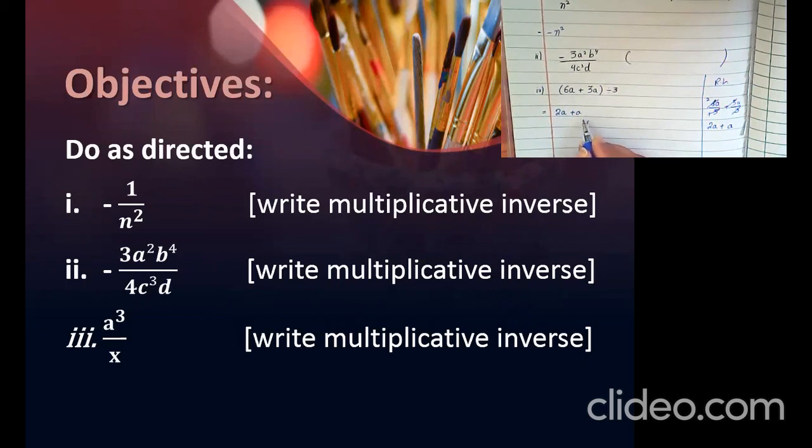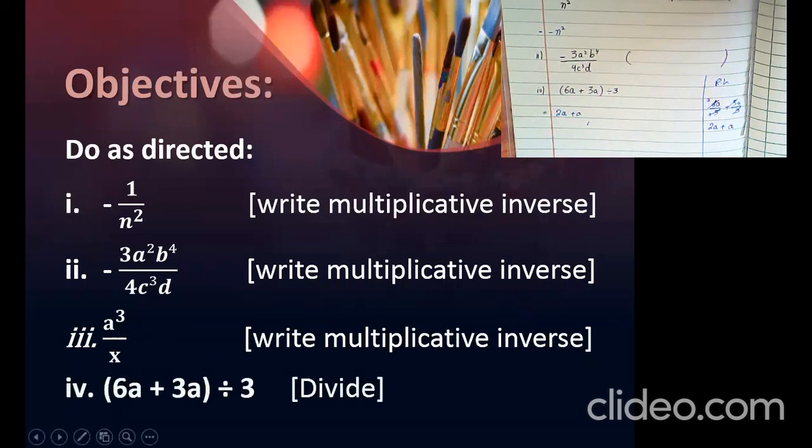Then 2a plus a, what will it be equal to? Same variables. So you will write here that it equals 3a. Understand? 2a plus a, same variable, so you will add the coefficients now.